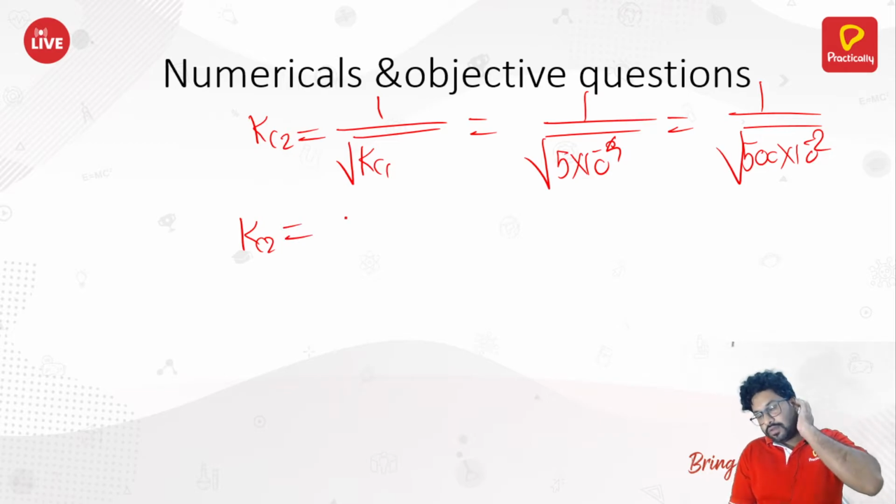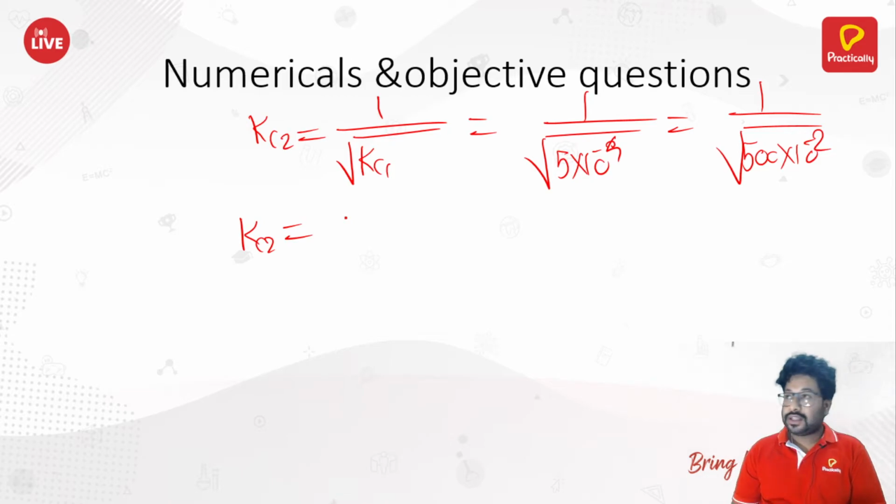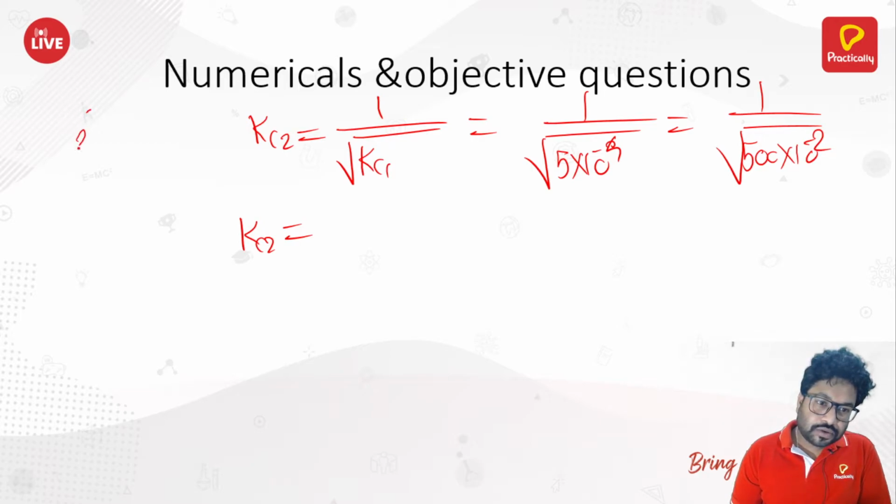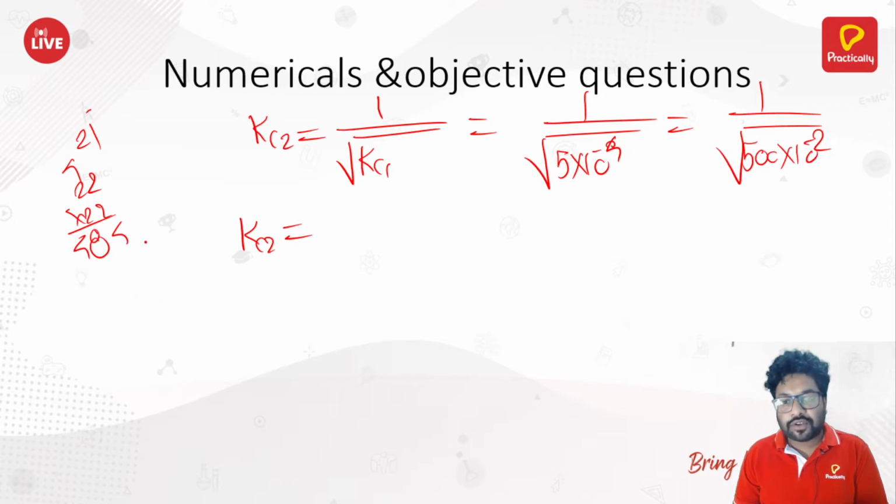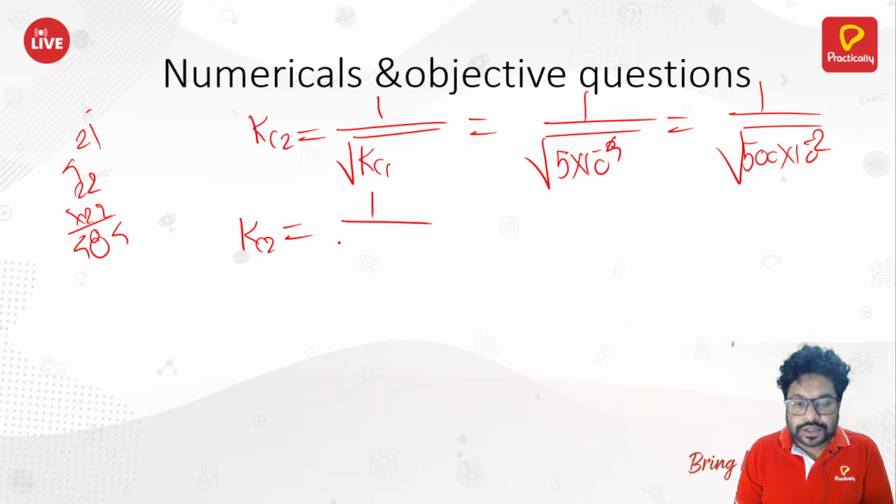So what is the square root of 500? Well, we don't know. We need to look. The square root of 400 is 20, right? So 21, maybe 22. 22 into 22 is 484. So it will be like, suppose 22.22, right?